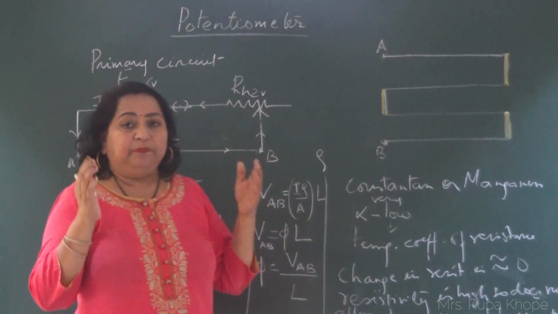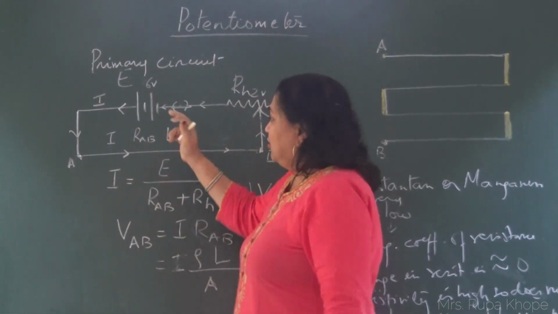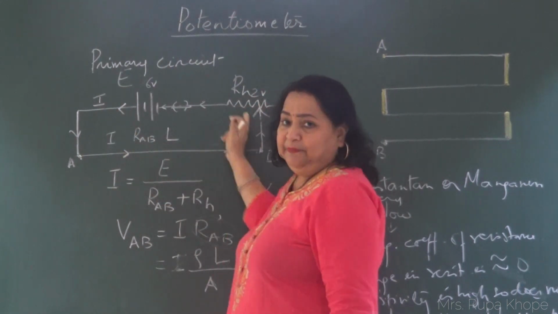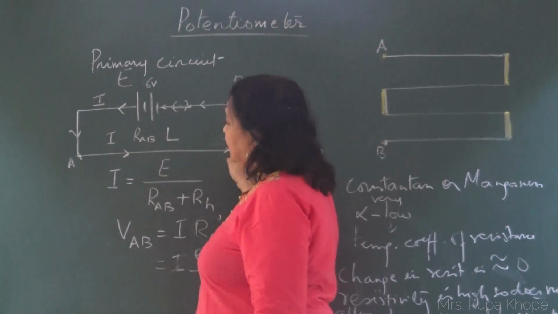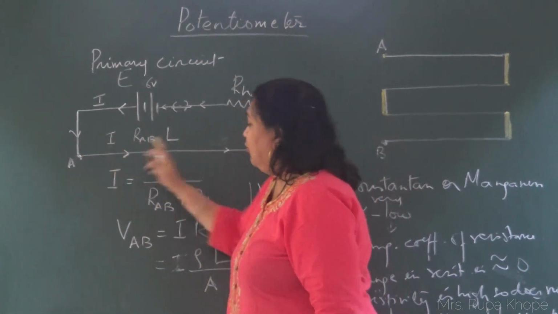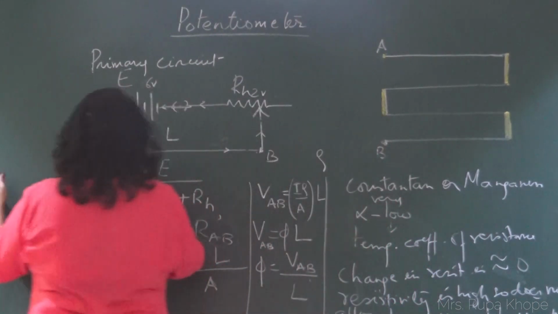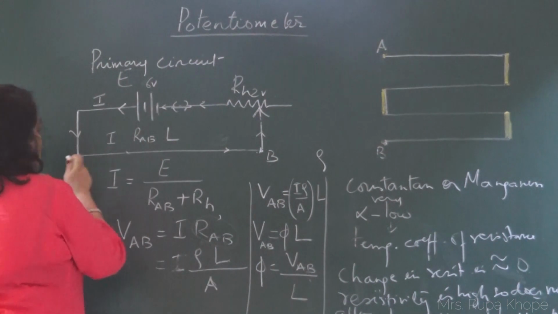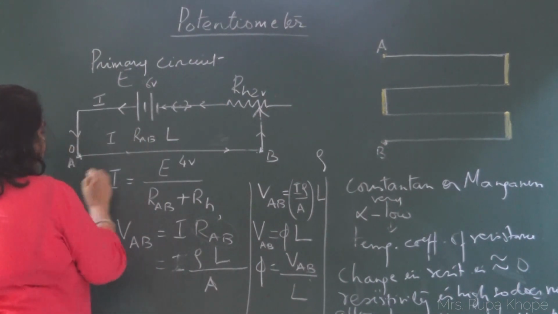Now we come across the principle of a potentiometer. So what is the principle? When a constant current is flowing through a given potentiometer wire, then potential drop across any 2 points on this segment. So now supposing this is 4 volts, and here it is 0 potential difference.